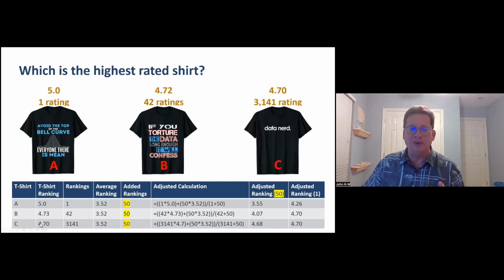The impact to the 4.7 vote with 3,000 rankings is a very small adjustment, going from 4.7 to 4.68. Whereas when you had just one proxy vote, it hardly changed at all.